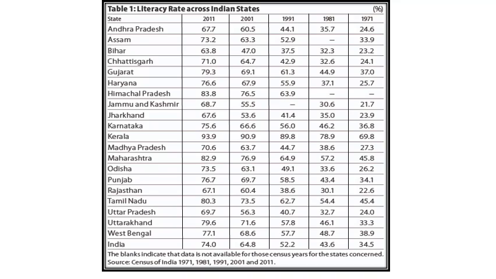Then stubs. Stubs is the title of rows. You can see rows: Andhra Pradesh, Assam, Bihar, Chhattisgarh, Gujarat, Haryana, Himachal Pradesh. These are the states of India, so this is stubs. And then caption.